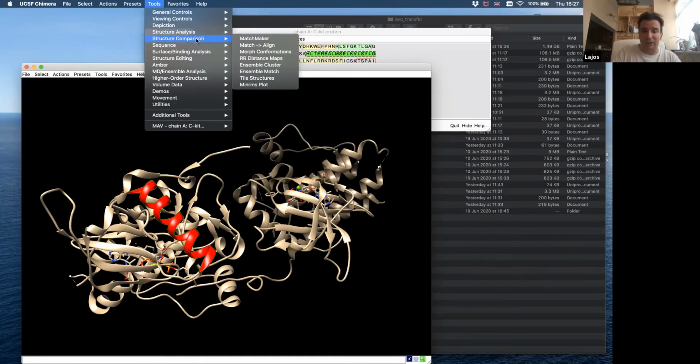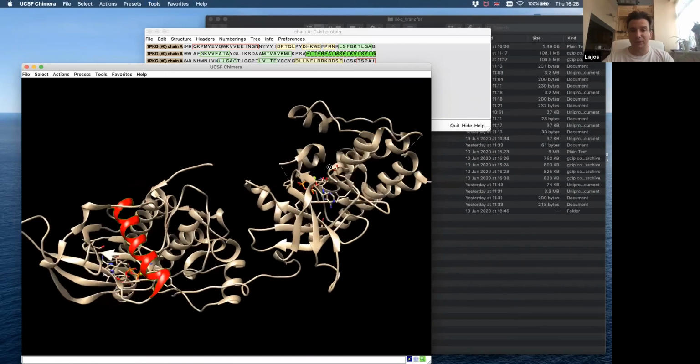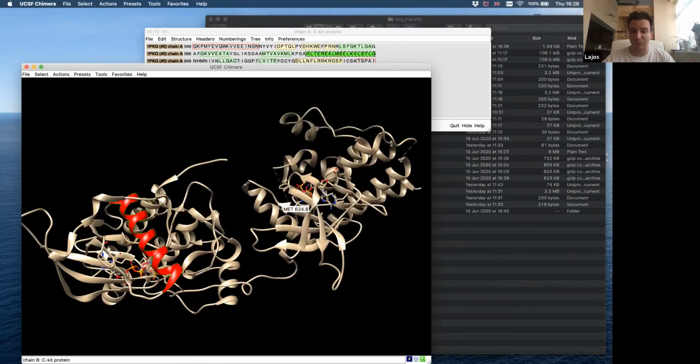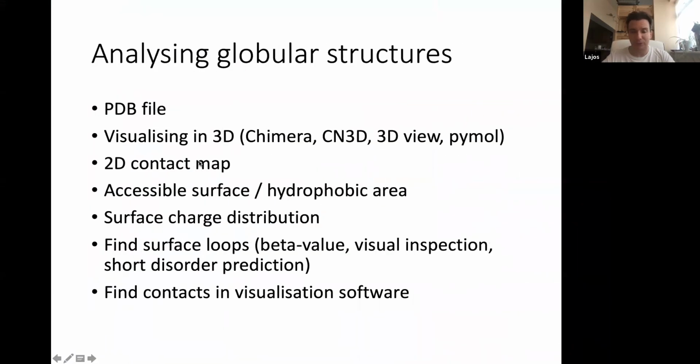Here we have the structural comparison where we can have some RMSD as well. So that's one of my favorite programs to visualize a 3D structure, where you can also measure distances and analyze bonds, but there are also many other things.